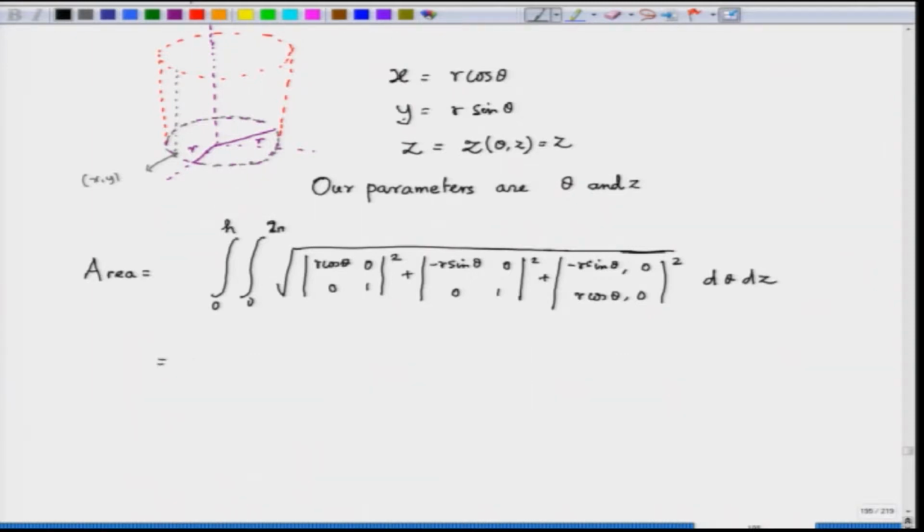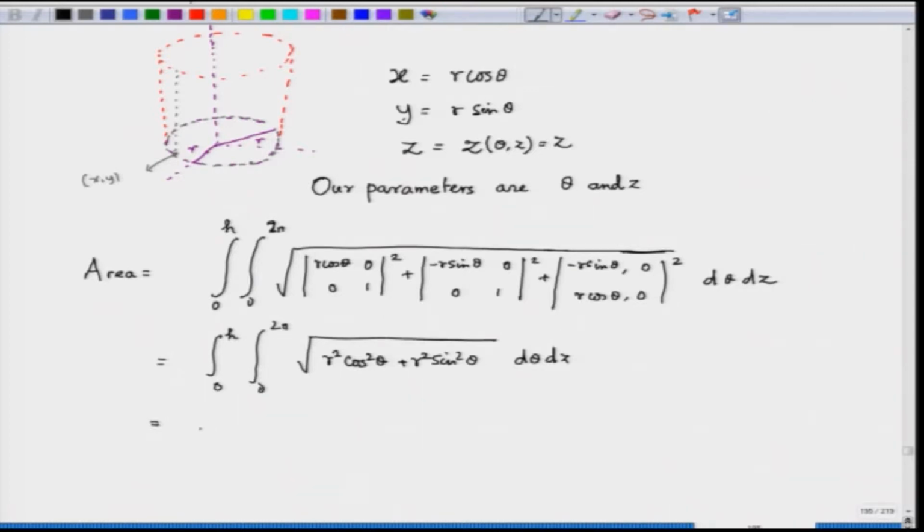If you calculate this, it will come up to the integral from 0 to h, 0 to 2 pi, root over r square cos square theta plus r square sin square theta, d theta dz. This will just be r, so I will take r outside.